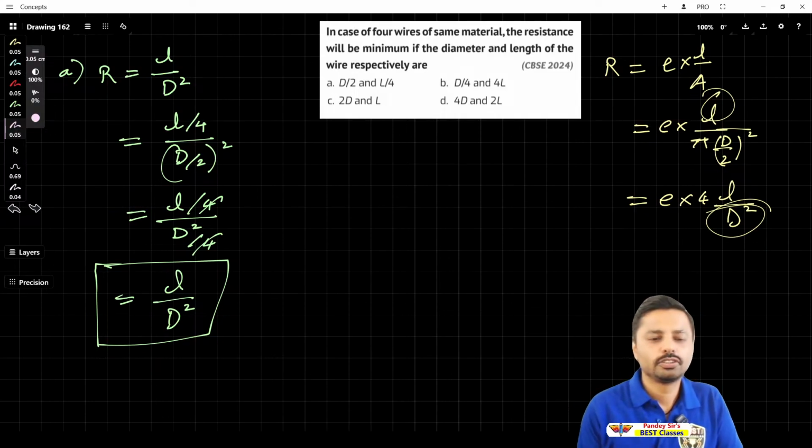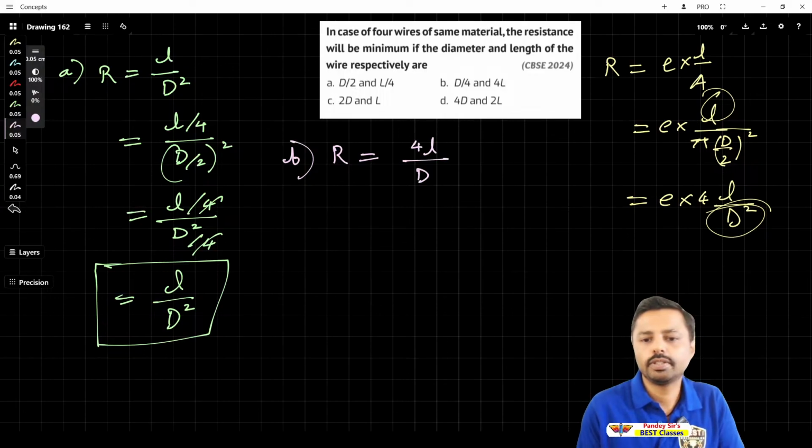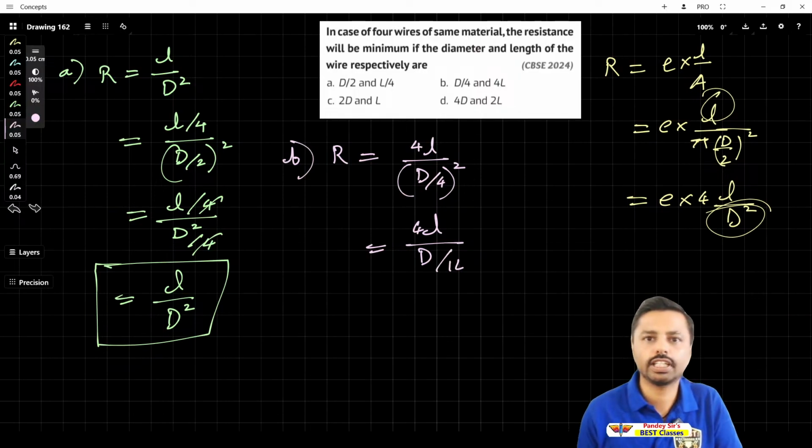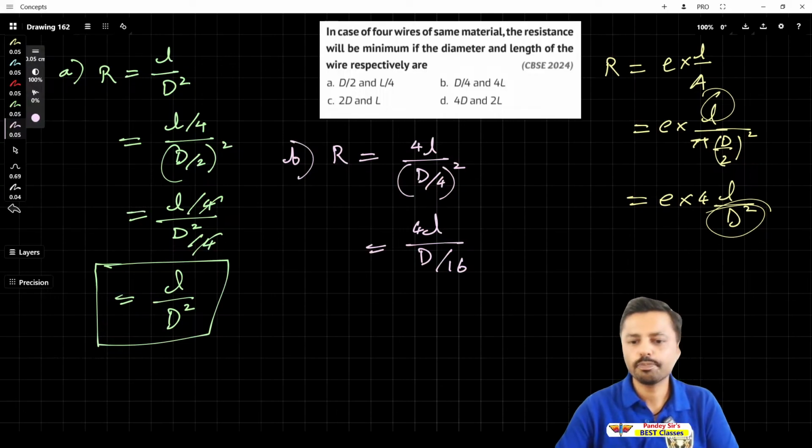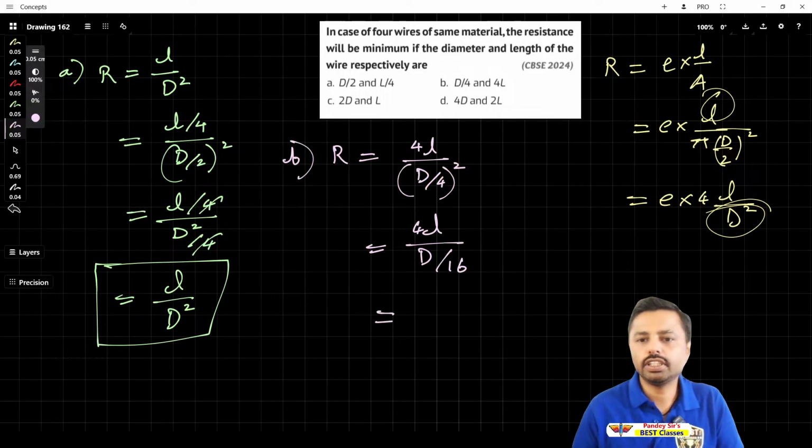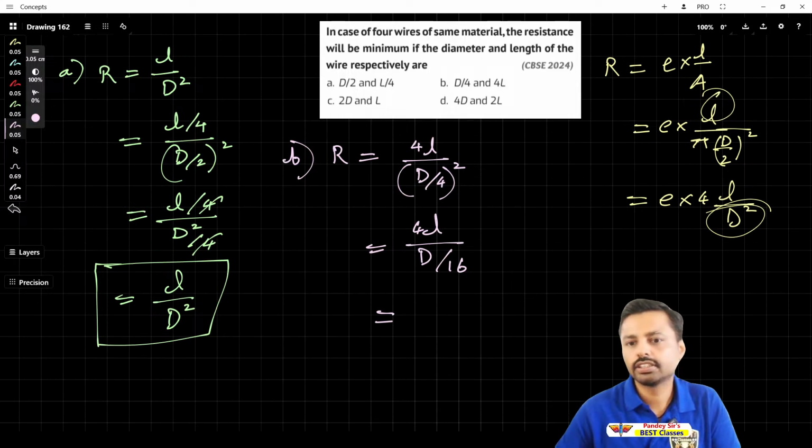Anyway, let's try B. Here D by 4. So R will be, I'll directly put the value 4L as it is, over D by 4 whole square, so we get 4L by D by 4 square. What is 4 square? That's 16. So it actually increased the resistance.